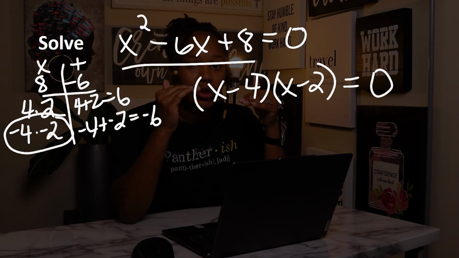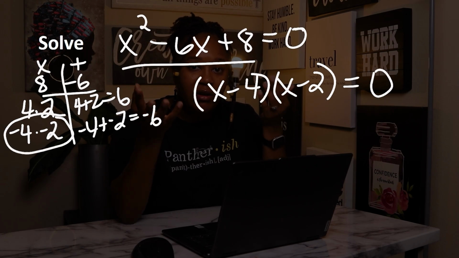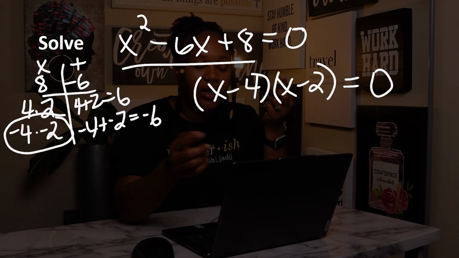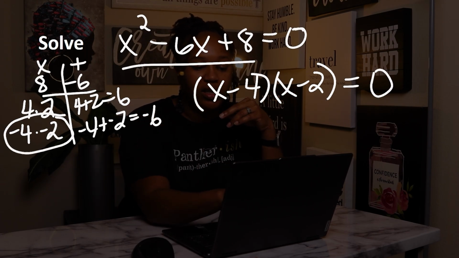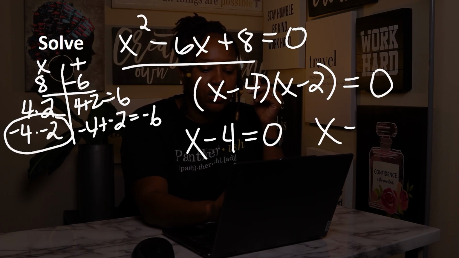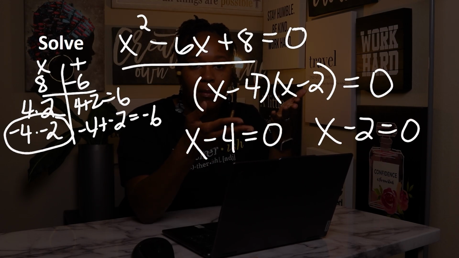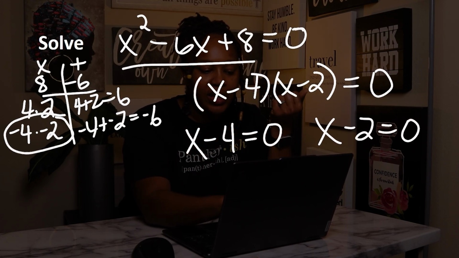So now, since I have 2 things that multiply to give me 0, I can use the zero product property that says if these 2 things multiply to give me 0, then one of these for sure has to be 0. So I take both of these and I set them equal to 0, because if either one of these equals 0, then that will make my equation equal 0. And then I solve both of these.